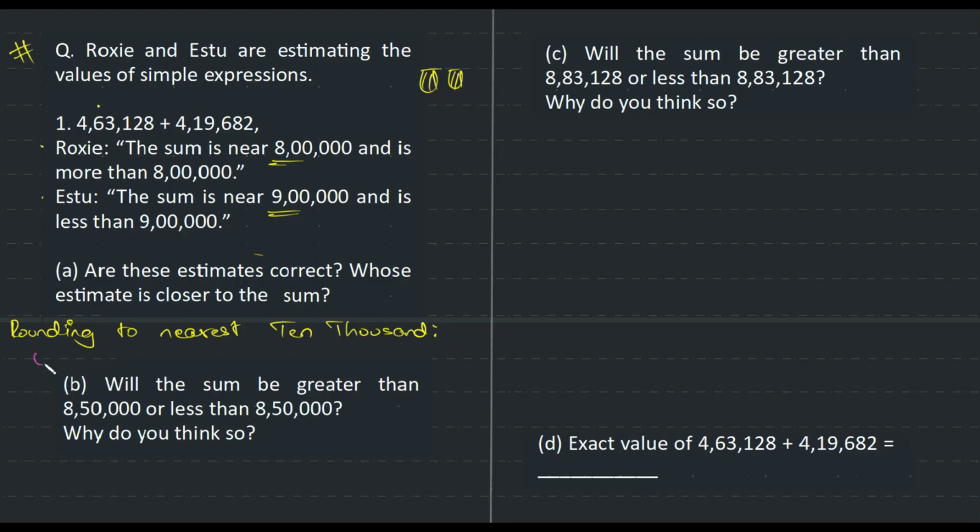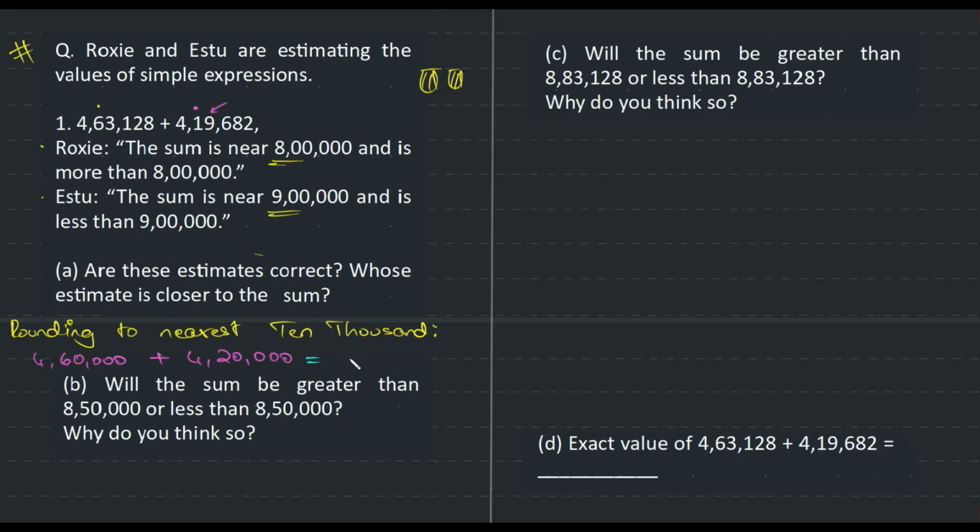We end up with 4,63,000, which is a down number, so this will not change. Here, 1 is under consideration, but the number influencing that is 9, so that will round it up, making it as 20.